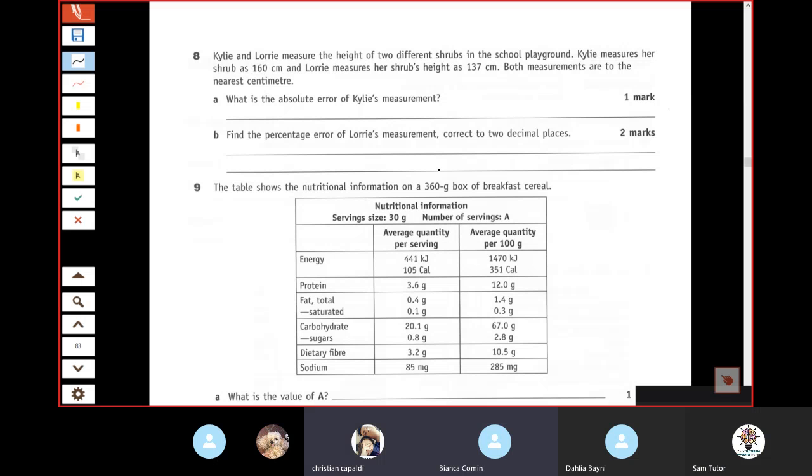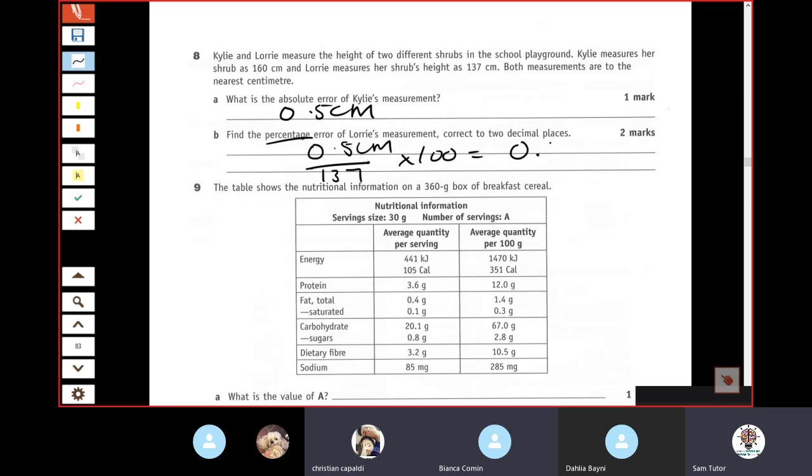Becca, first, did you get 0.5? 0.5 centimeters is correct. And what is the percentage error? 0.5 over 0.3.